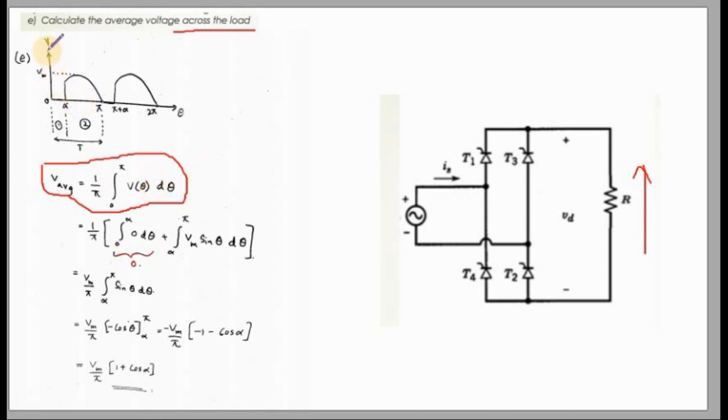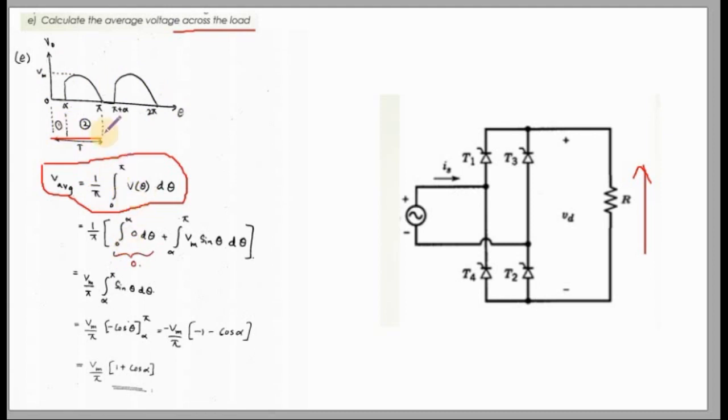If you come to this graph, you can see this part from 0 to phi is repeating again and again. So you can take this as the period of this waveform, so 1 over phi.